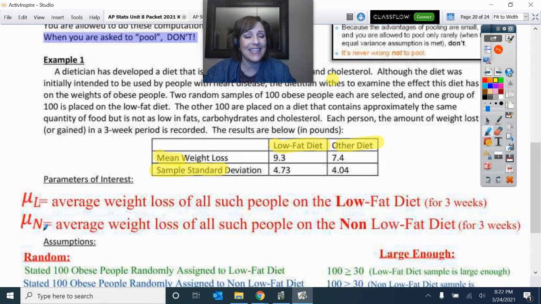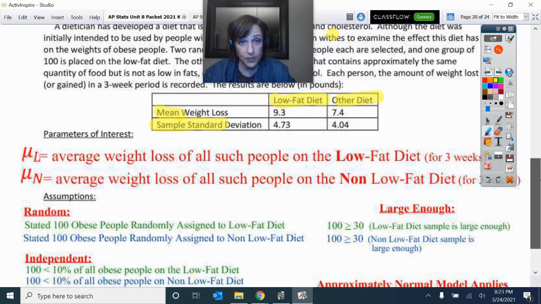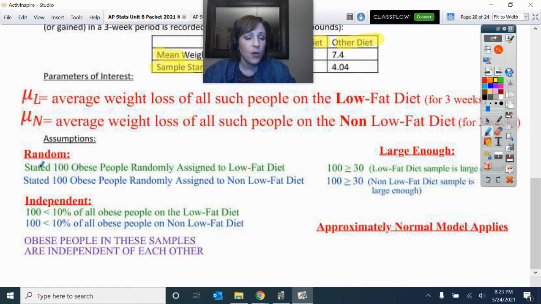So mu of N is the average weight loss of all such people on the non-low-fat diet. And then here are the assumptions. We're going to do an interval and a test. So on this page, I just did the parameters, and then here are our assumptions. Let's look at those for both groups. Here we go. Random.